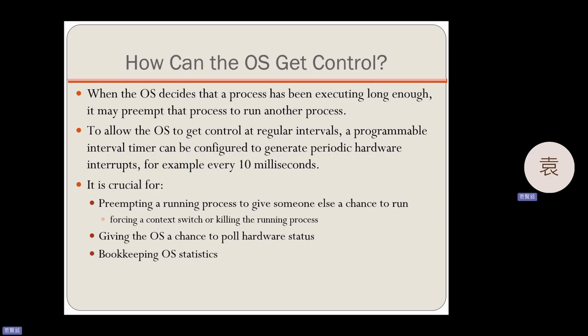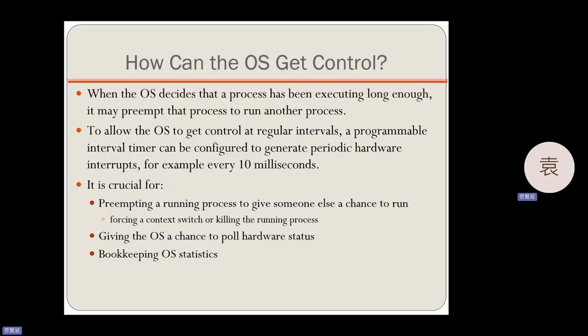Or maybe doing some bookkeeping for operating system statistics. For example, every time interval the operating system takes over and records how much CPU time was used by the current running process. For example, if there is an interrupt every 10 milliseconds, then this 10 milliseconds will be counted into the statistics of the current running process, and so on.